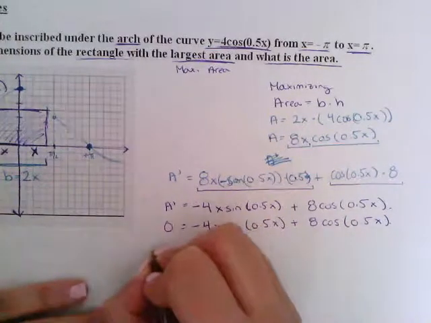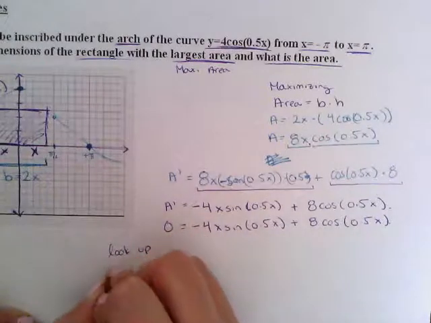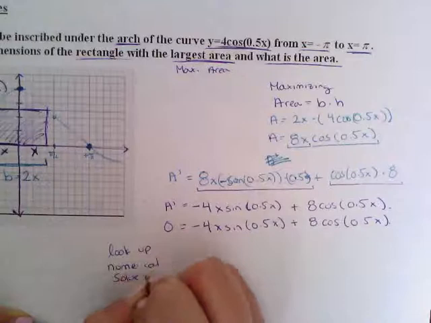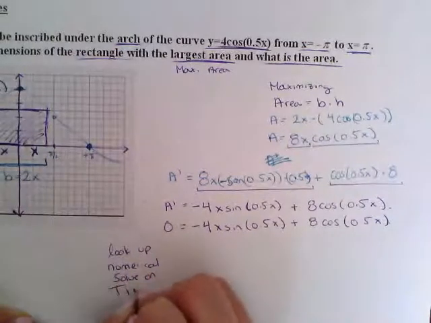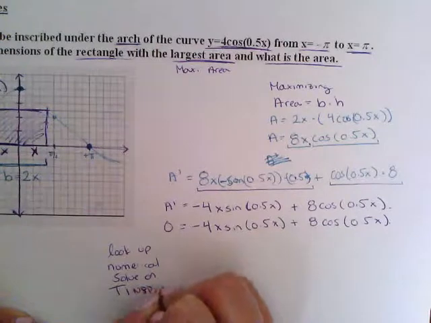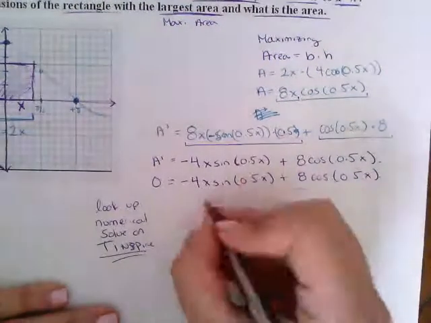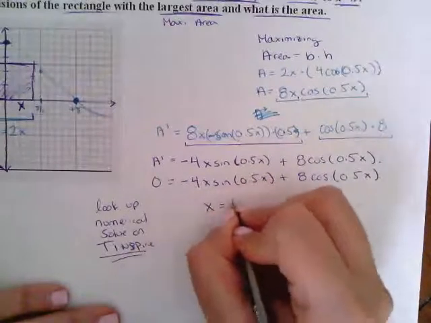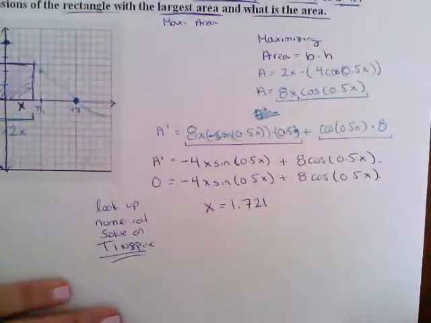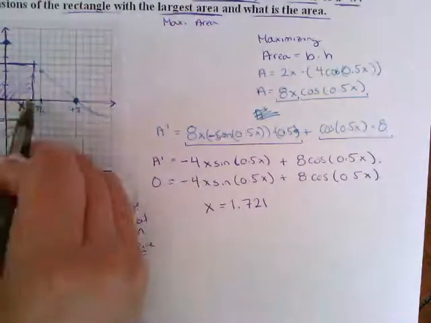So if you don't know, please look up on YouTube numerical solve on TI Nspire. It's going to be a life changer. So once you do that, you end up with x equals 1.721.